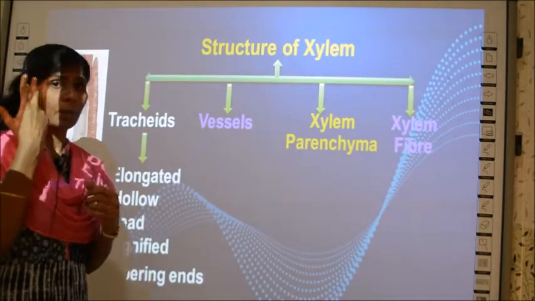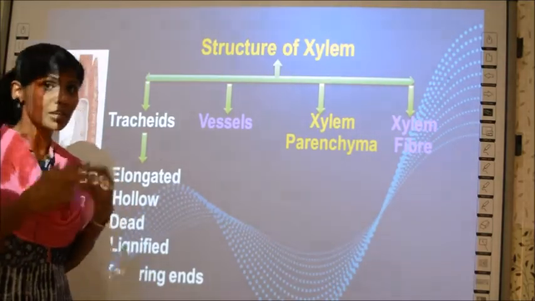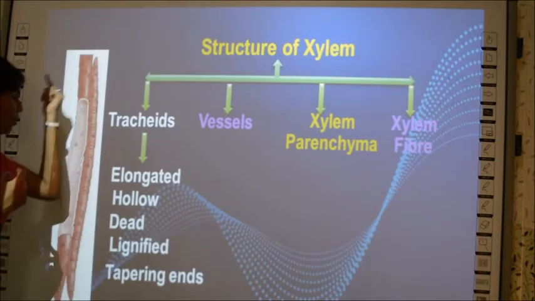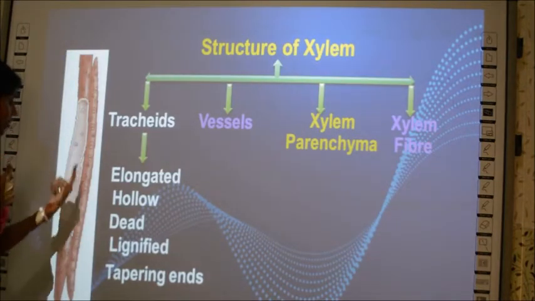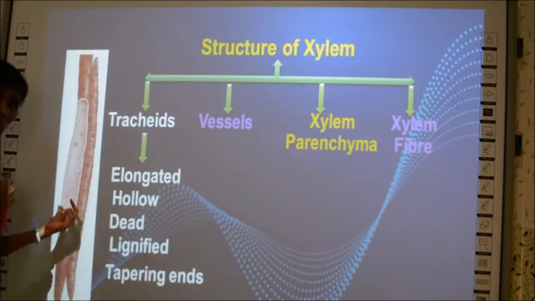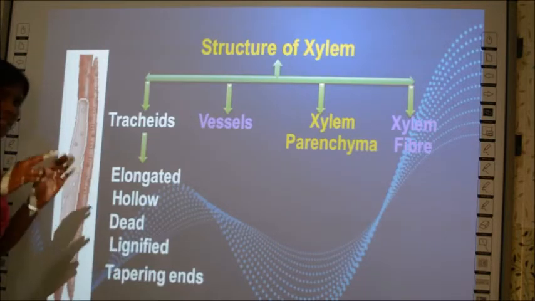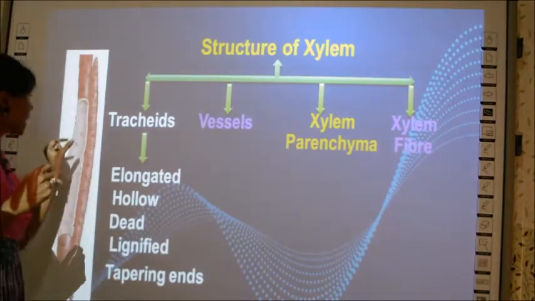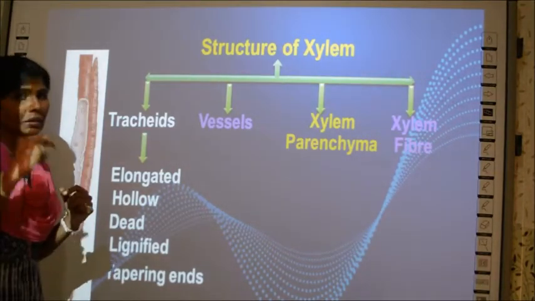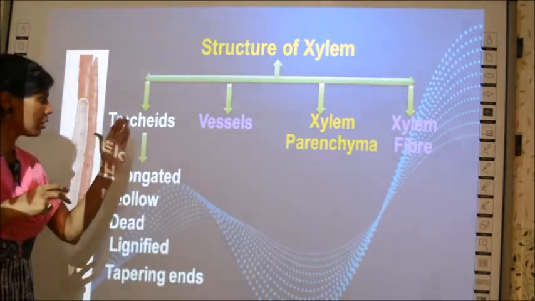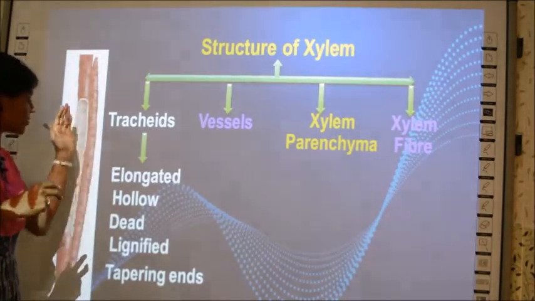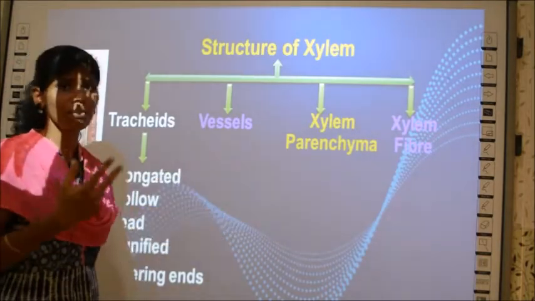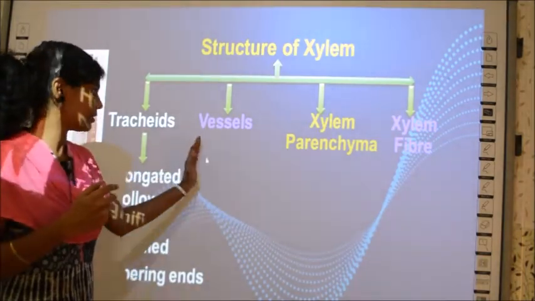It has to conduct water, right? So here, since the structure is hollow, water can move towards the interior of the tracheids. And I told you it is dead cells, and the cell wall is made up of a substance called lignin, and it has tapering or thin ends. So these are all the properties of tracheids, and the properties of vessels and xylem parenchyma we will study in the next slide.